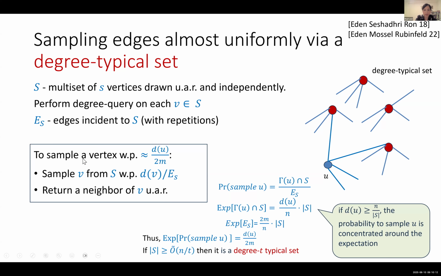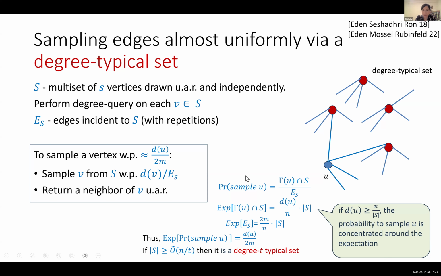Then to sample a vertex with probability proportional to its degree, we perform the following steps. We first sample v from our set S with probability d_v over E_S, namely with probability proportional to its degree. Then given v, we return a neighbor of v uniformly at random.